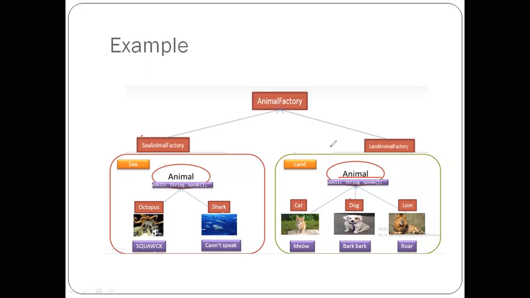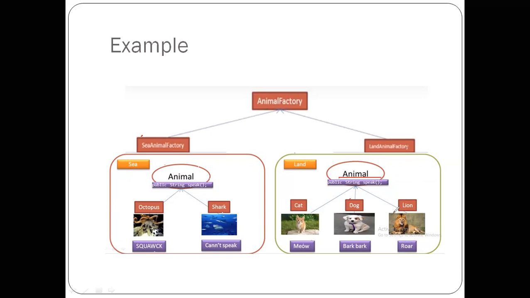Okay, and also how these objects are speaking. So cat will give the sound meow, and dog speaks like bark bark, and lion will roar. Okay, this is the animal class. Under the animal class, we have defined three objects.